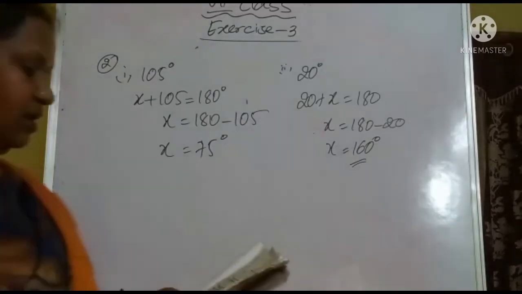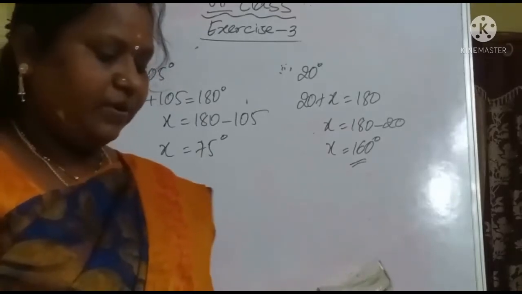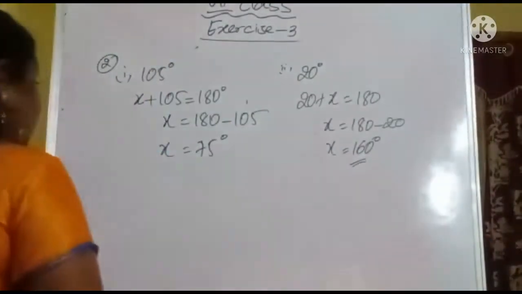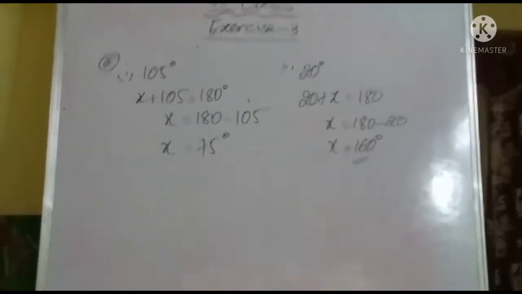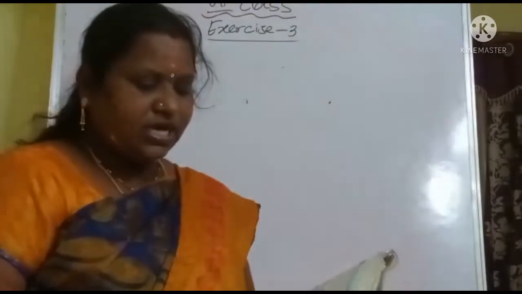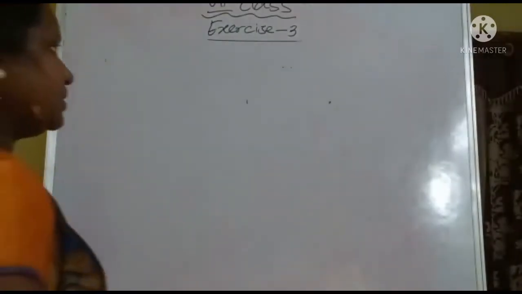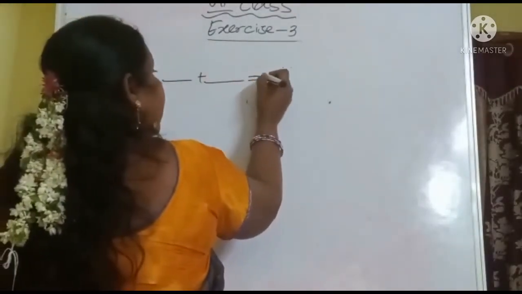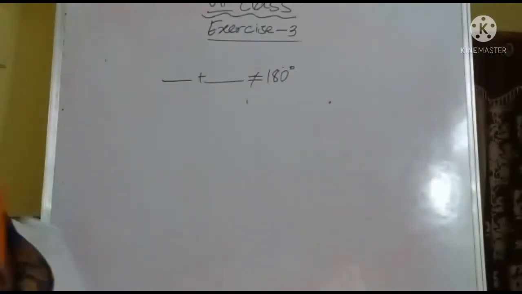In the same way, the third problem: two acute angles cannot form a pair of supplementary angles. Justify. He is saying that if you add two acute angles, it cannot form 180 degrees. What are acute angles?